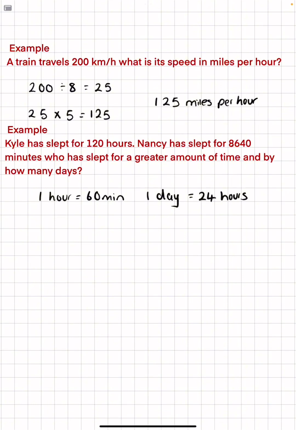If we convert 8,640 minutes to hours, we can then compare the numbers to see who slept longer. 8,640 divided by 60 equals 144 hours.